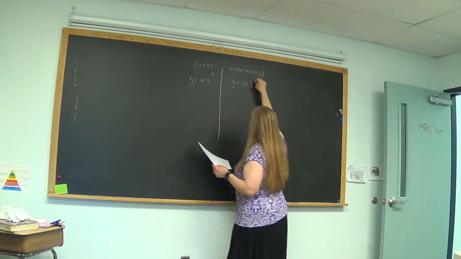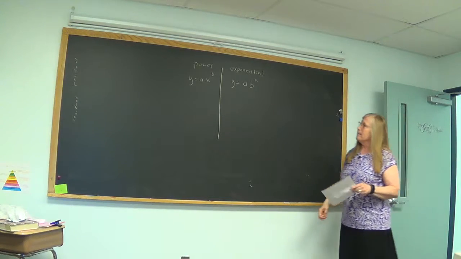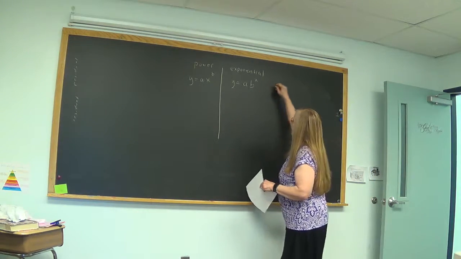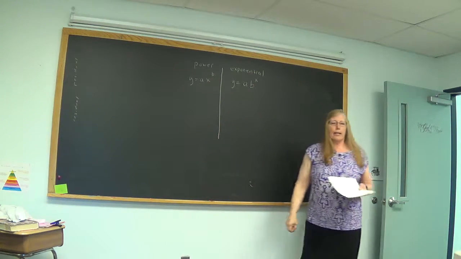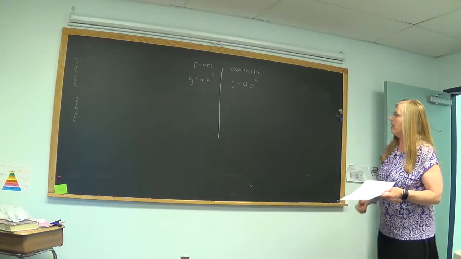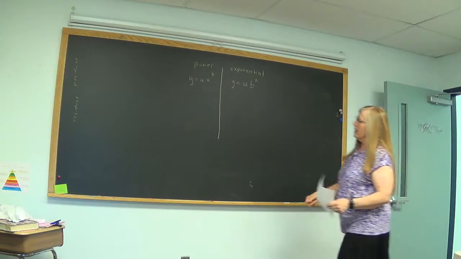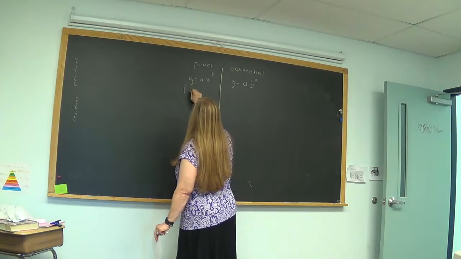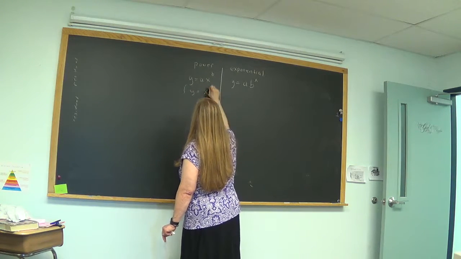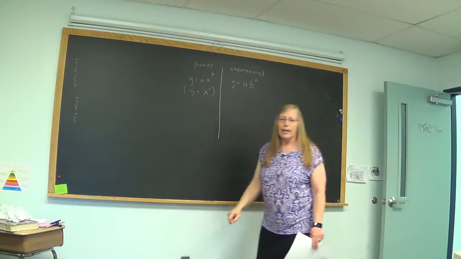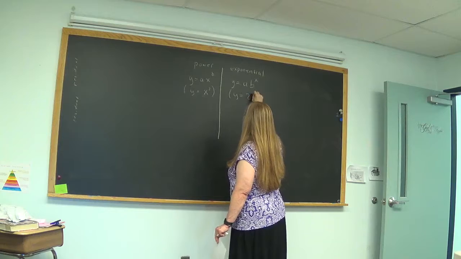a times b to the x is the exponential model. Here, the a and the b are constants on both of these, just like you would expect. a and b are constants, x and y are variables. An example of the power model would be y equals x squared, a very simple power model, whereas an exponential model is y equals 2 to the x.